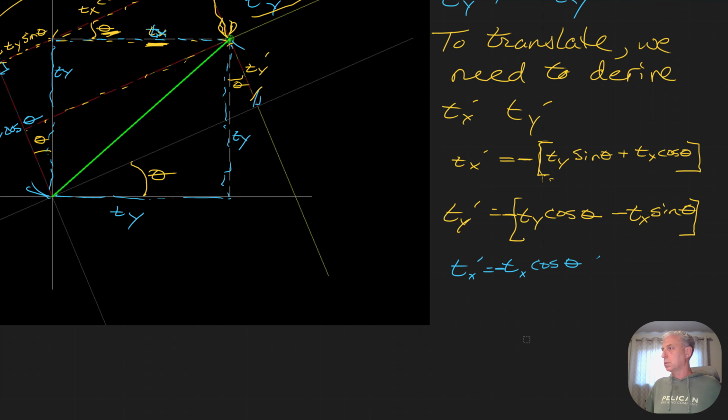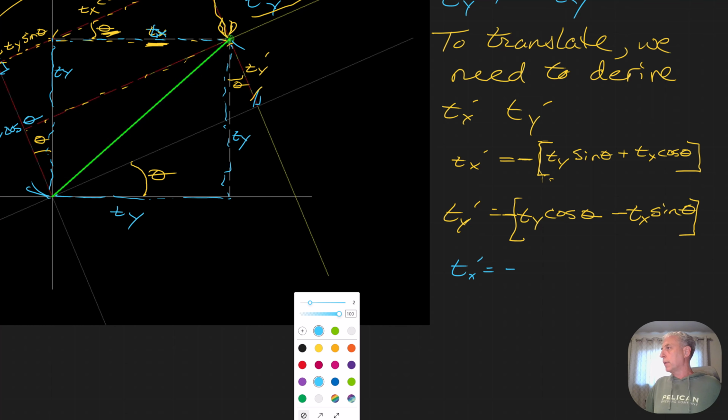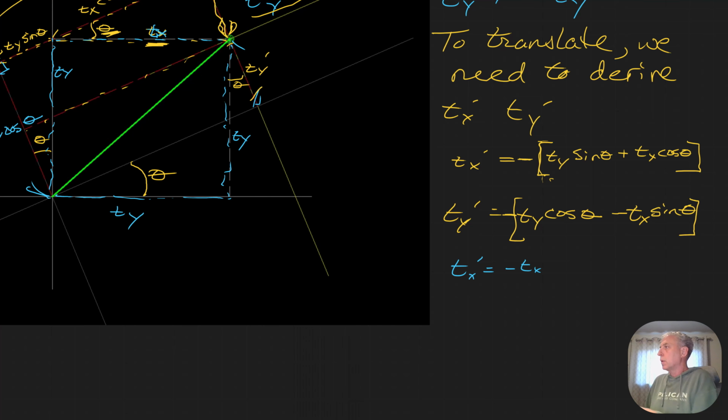I'm trying to do this nice and neat so you can write it. All I did was move the negative in and rearrange the terms just so I can have my x's and y's in the right order.